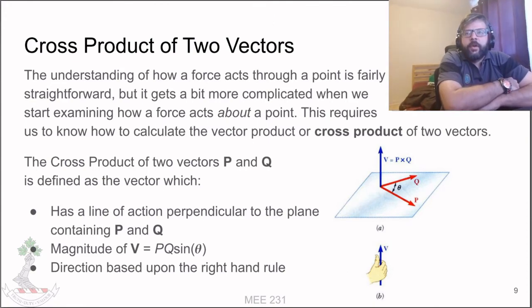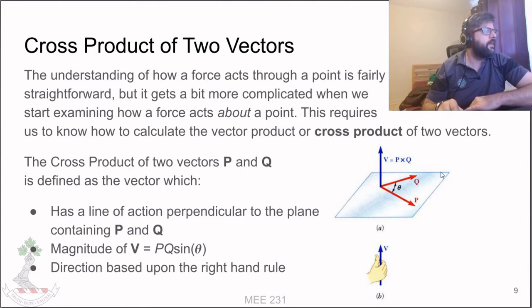But the cross product of two vectors is basically defined as a separate vector that has a line of action that's perpendicular to the plane that contains those two vectors. So again, we've got a plane here. Those two vectors are on that plane.